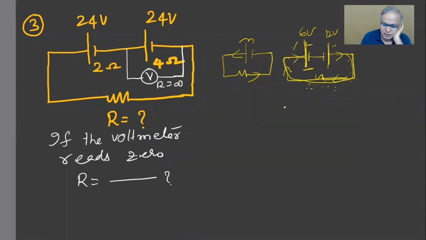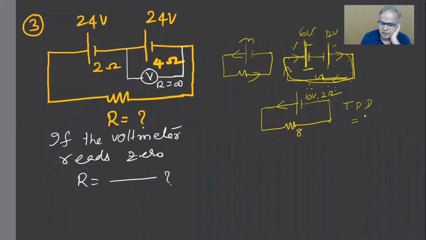I want you to understand this carefully. After doing Kirchhoff's laws, it will be easier to follow, but even without that, if you can follow, that will be a good idea. If a single cell is there, if this is 10 volts EMF and 2 ohms internal resistance, and this is 8 ohms, what did you write the terminal PD as? 10 volts divided by 8 plus 2, 1 ampere is the current.